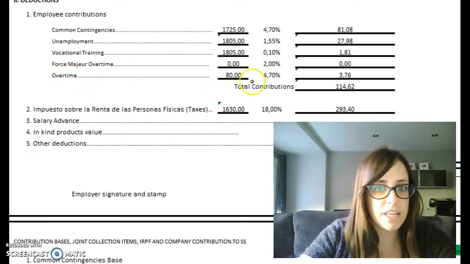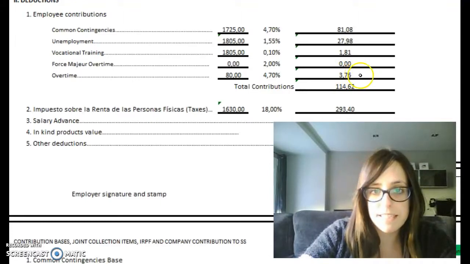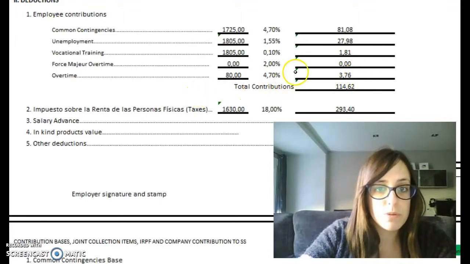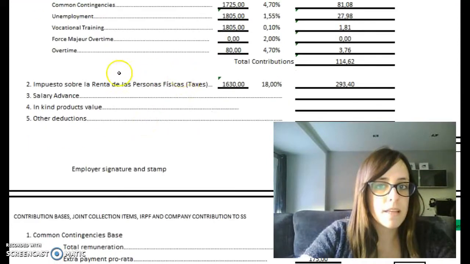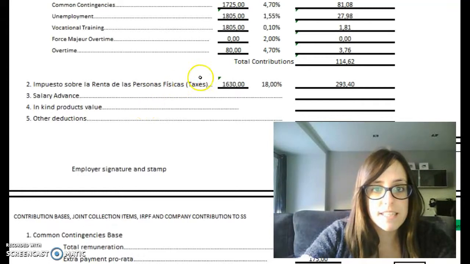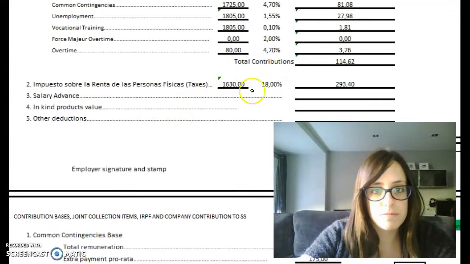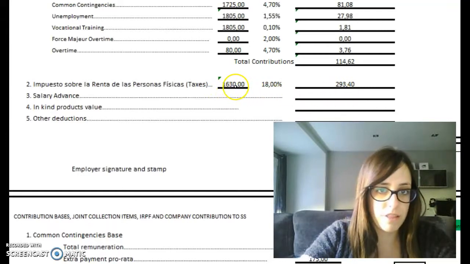The overtime we have 80 euros at 4.70%. The result is 3.76. And the total contributions we have 114.262. And the impuesto sobre la renta de personas físicas, taxes, is 18% of 1630.